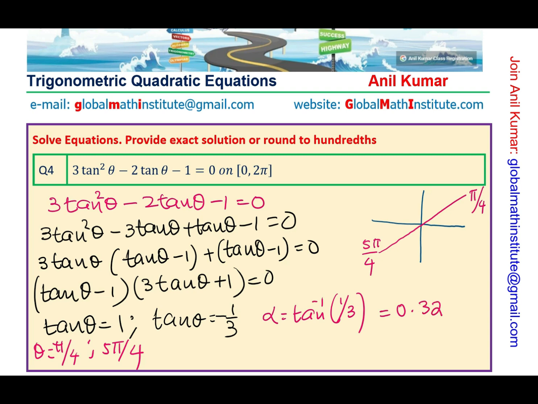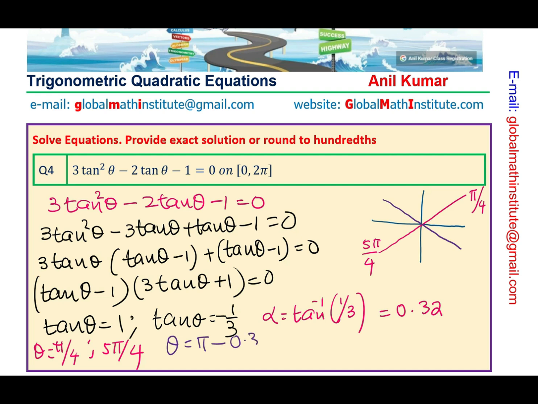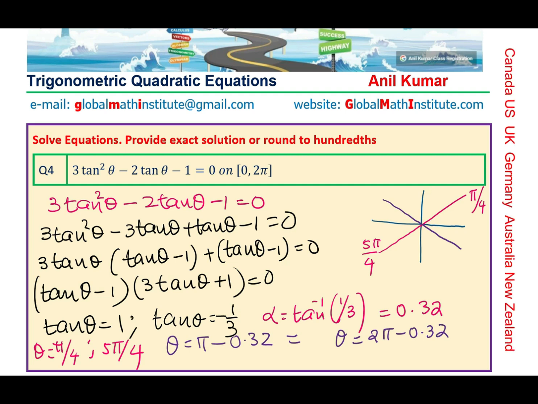Great. So if alpha is 0.32, then what should be the angle theta equal to? So angle theta, which will be in quadrant 2 and 4, should be pi minus 0.32, right? And 2 pi minus 0.32, correct? You can calculate these answers and then write down.